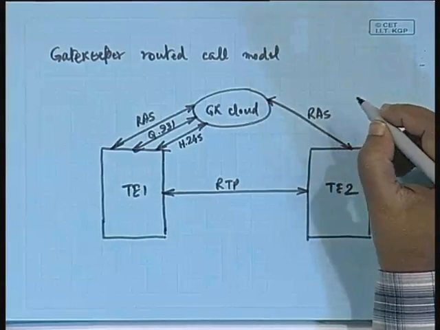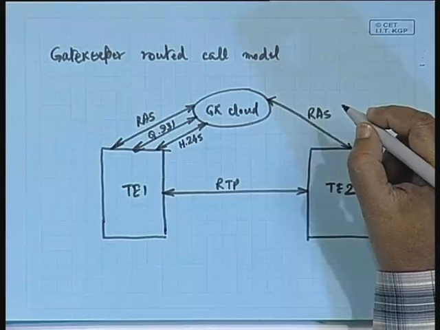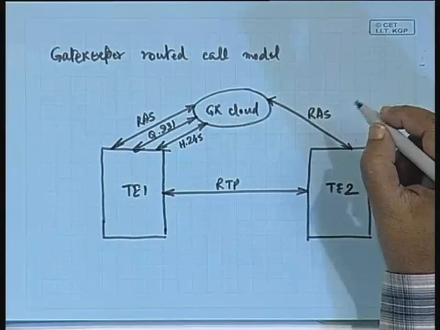Why is it called a GK cloud? Anybody can just throw some light on that? GK cloud, because typically it is an interconnection of several WANs that would exist. We had shown in the last example only 2 LANs, but it may go through multiple WANs. And in that case, there will be involvement of several GKs, because whenever you are connecting from one LAN segment to the other, every LAN is going to have the gatekeeper.